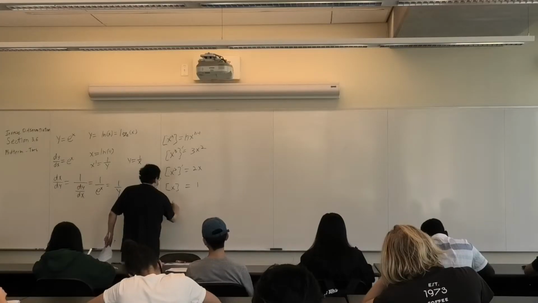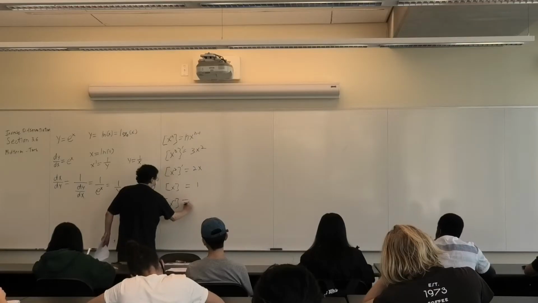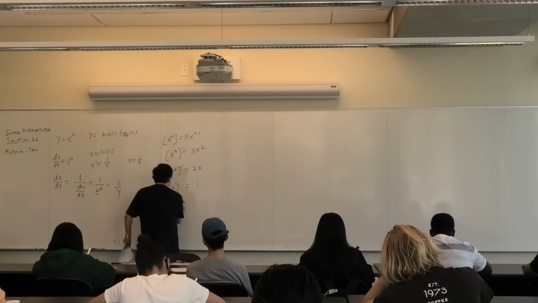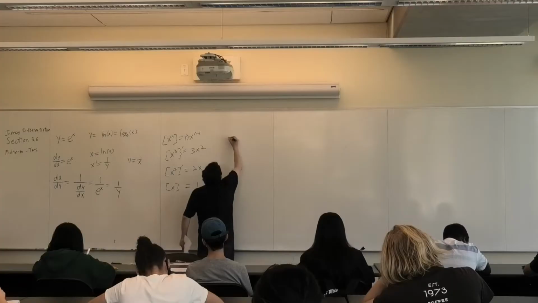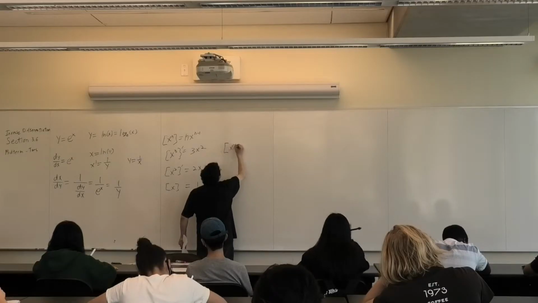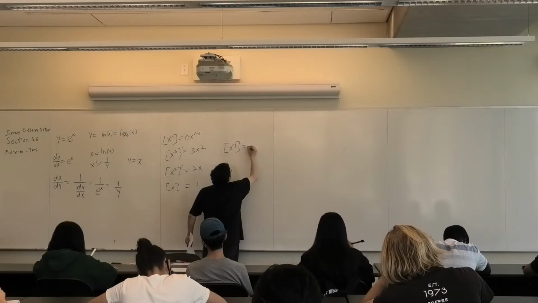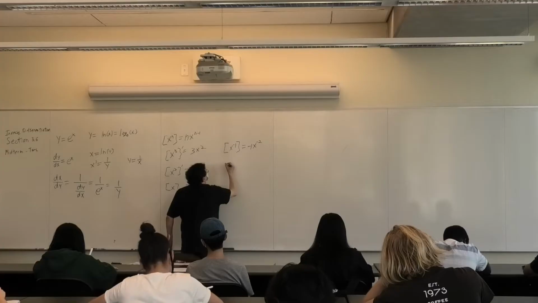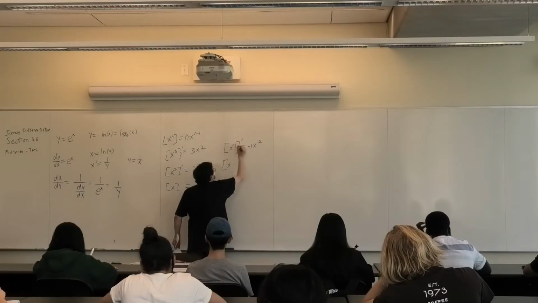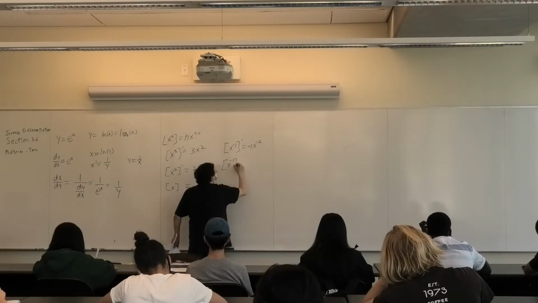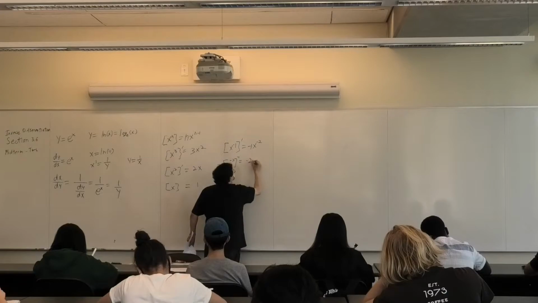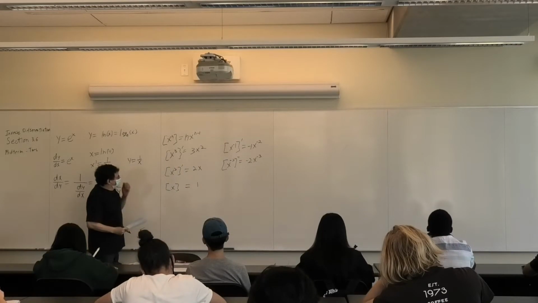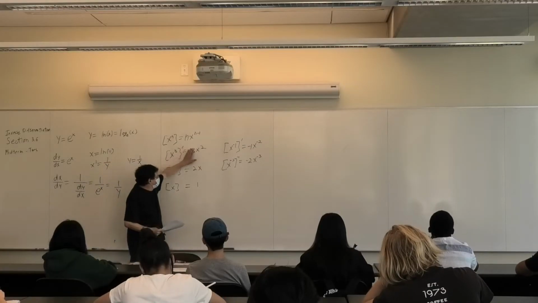Derivative of x to the minus 1 is -1 x to the minus 2, and derivative of x to the minus 2 is -2 x to the minus 3. Okay, so ignore the constants for a second.